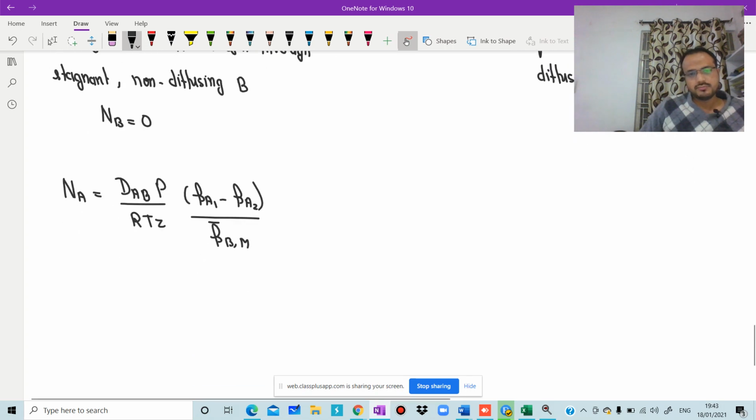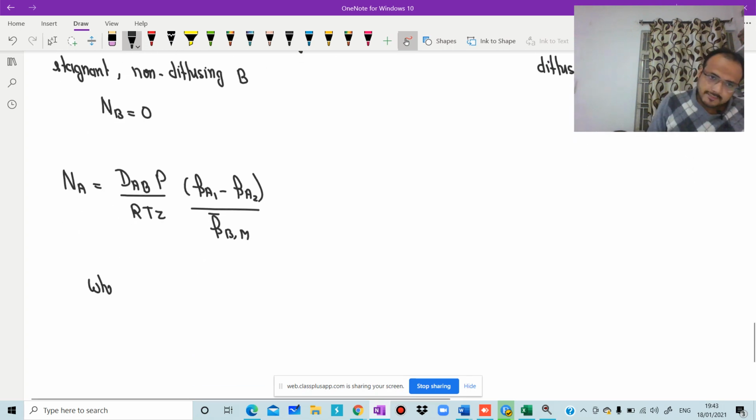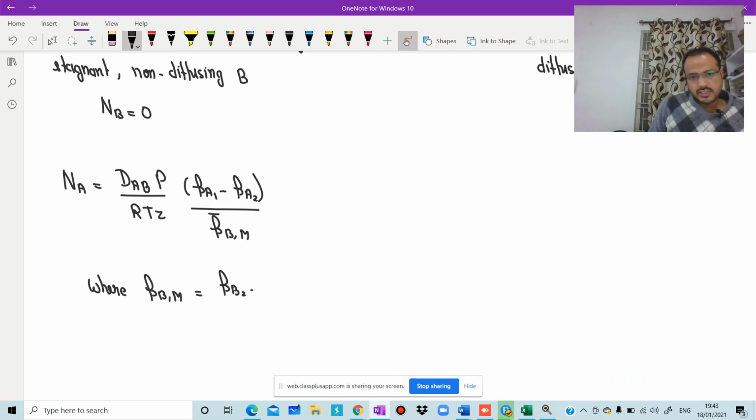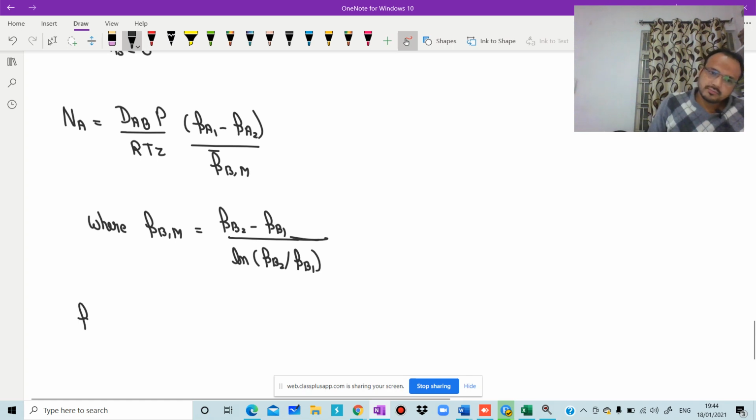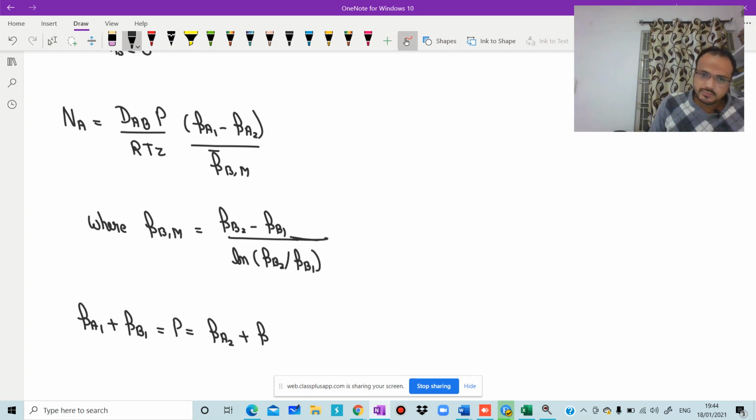Where PBM is equal to PB2 minus PB1 divided by ln of PB2 by PB1. Also, PA1 plus PB1 is equal to P is equal to PA2 plus PB2.